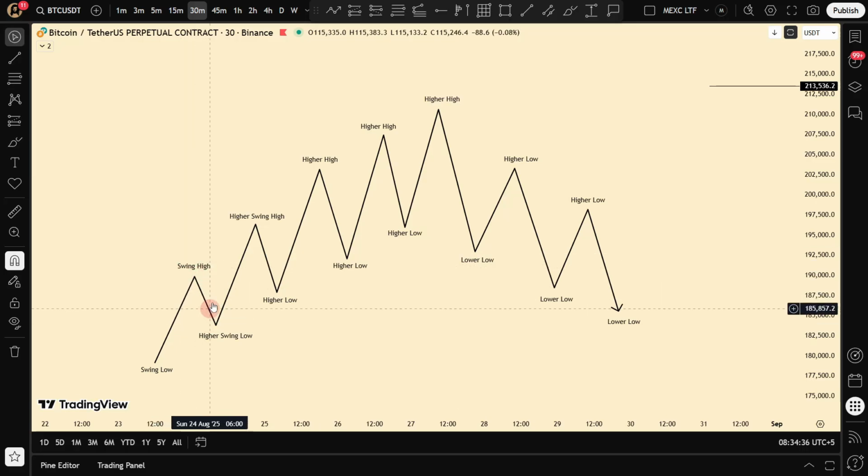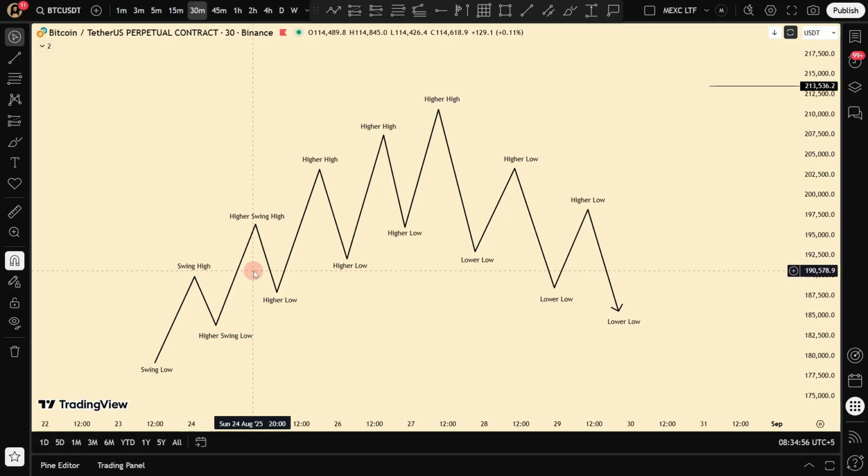And once we start retracing from this high, we post a swing low, a higher swing low relative to this low. So this becomes a higher swing low. And then we break the structure.